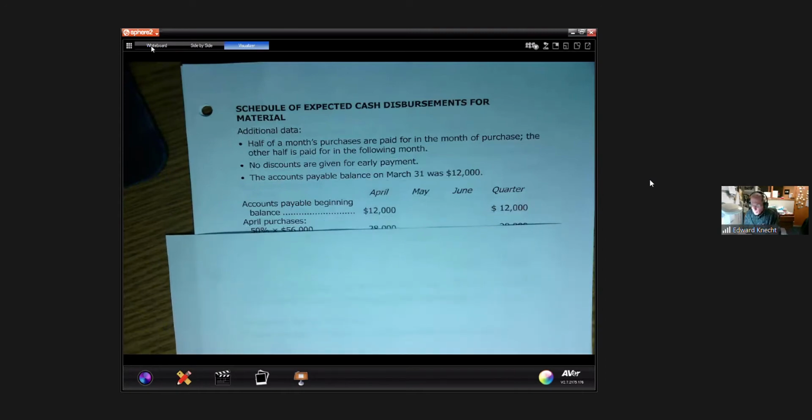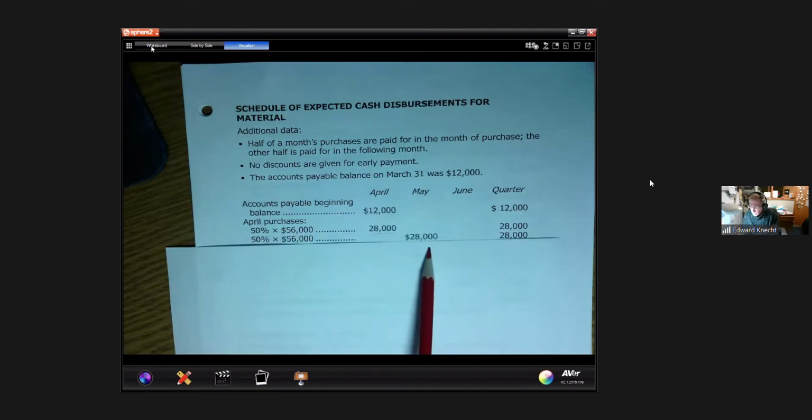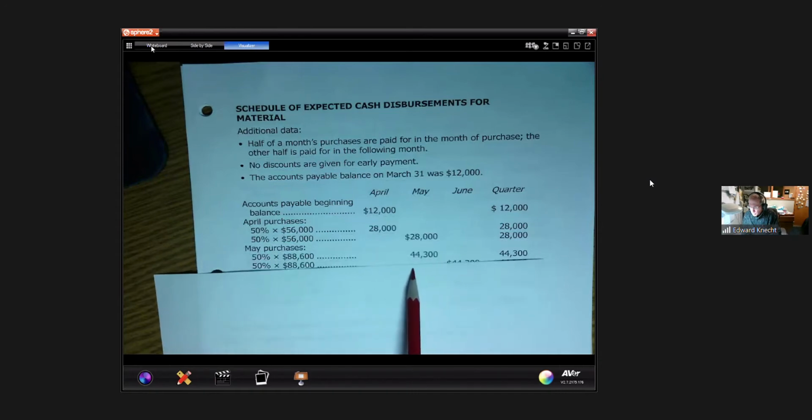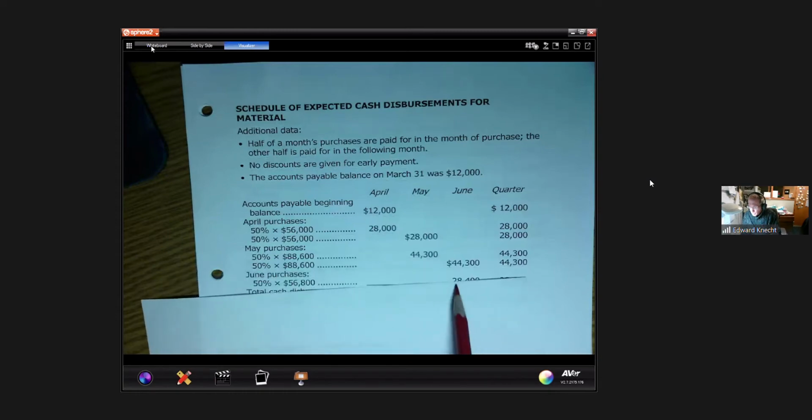We're going to have April purchases. We're purchasing 50% of what's needed. And we're doing that for May as well. And May purchases. And then June purchases. Oh, we only go to June. We can't show July's.